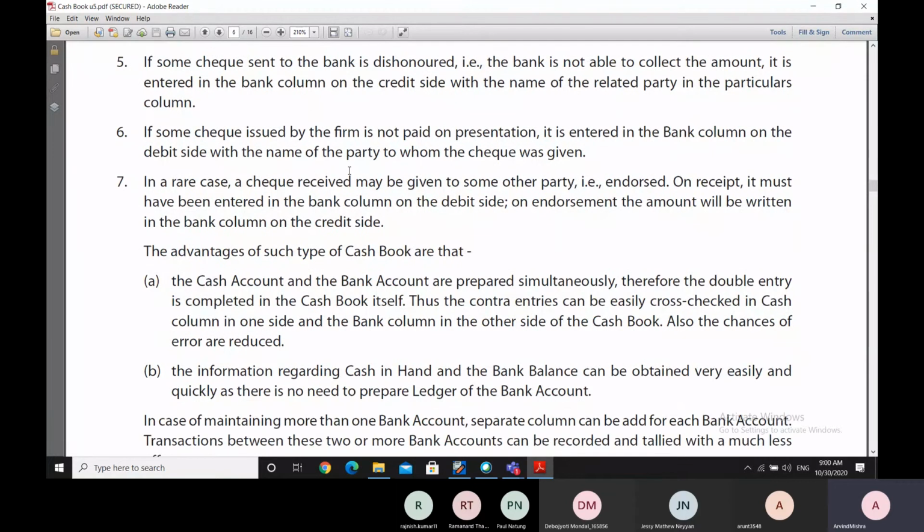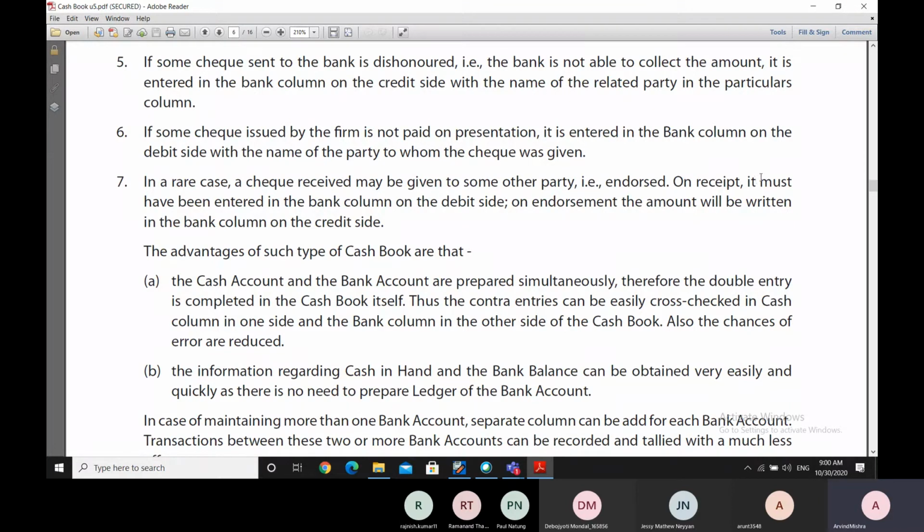Now in a rare case, what happens is that, this is point number 7 here. Supposing a check is received by us and it may be given to some other party, that is, we are endorsing the check to somebody else so that that person can receive the payment of that check. Normally, in case of bearer checks, it may be done.